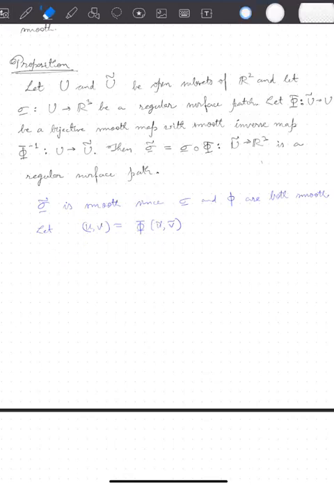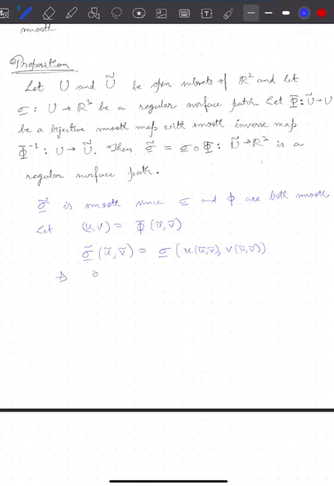At first we can just have that sigma tilde of U tilde, V tilde is equal to sigma of U of U tilde, V tilde, and V of U tilde, V tilde, right?